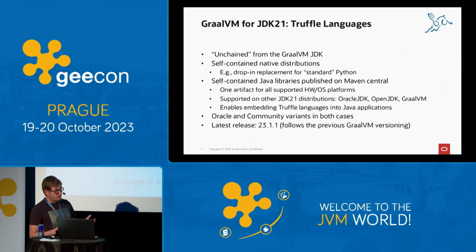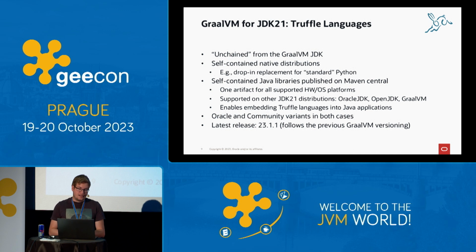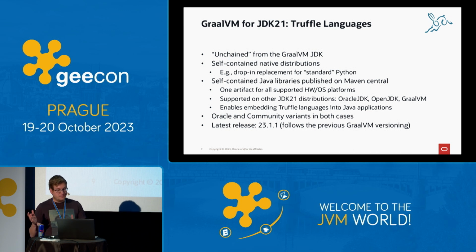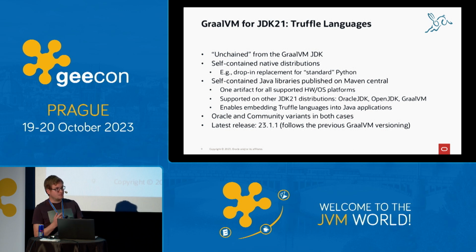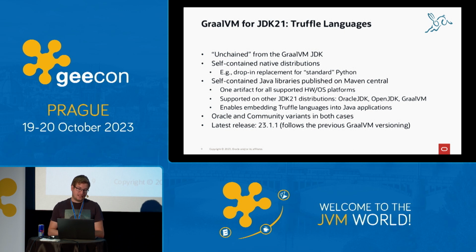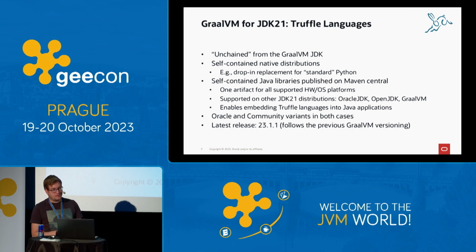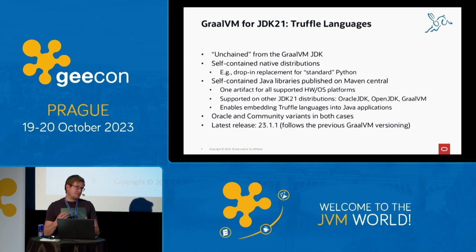So, Truffle languages. So we have GraalVM JDK distributions. Where do the Truffle languages go? We unchained them. The code name for the project was Truffle Unchained. It was mentioned yesterday also in the Enzo talk. We unchained the Truffle languages from the GraalVM JDK, and we have two distribution channels for those languages.